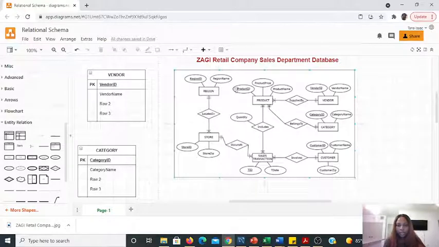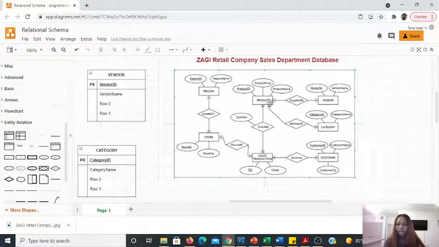So we've completed the relationships between region, store, product, sales transaction, and customer. Then we have a relationship between product and vendor, which is a many-to-one relationship.